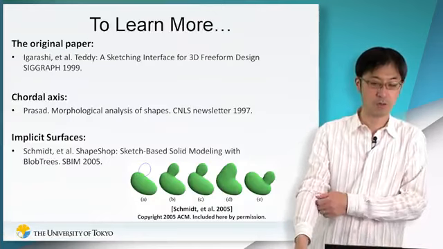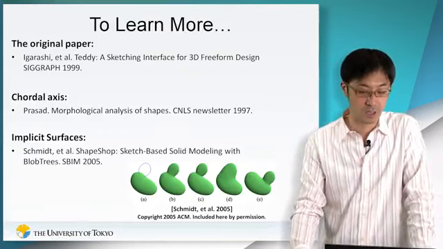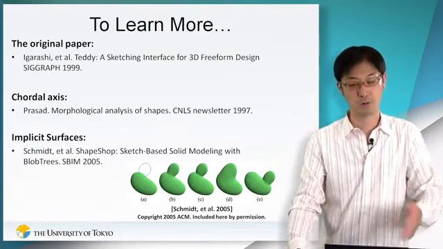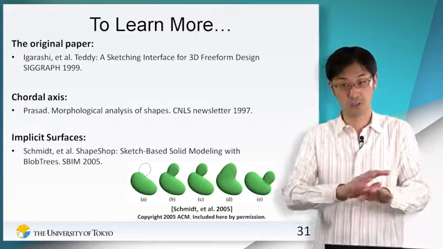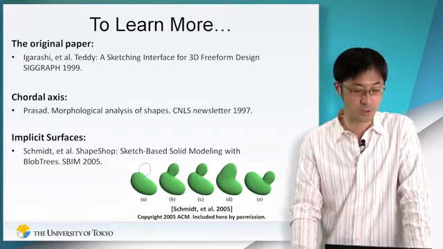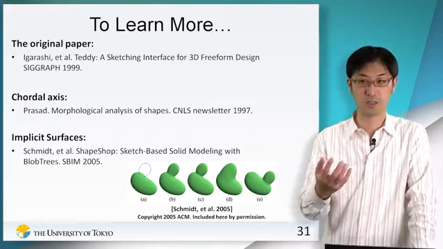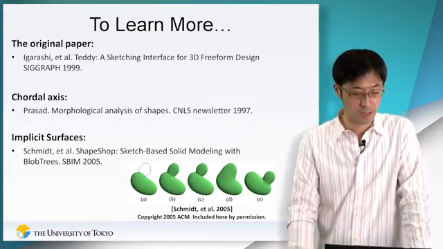To learn more, first I recommend you take a look at the original paper. It describes the details of the algorithm, not only creation but also extrusion and cutting. The technique we used is a chordal axis, called morphological analysis of shapes. This is a very useful tool for analyzing shapes.